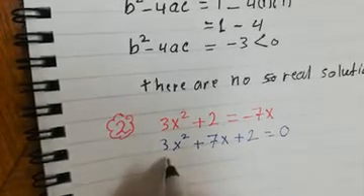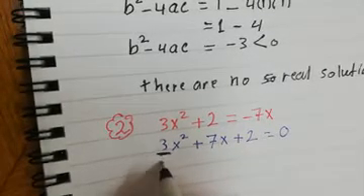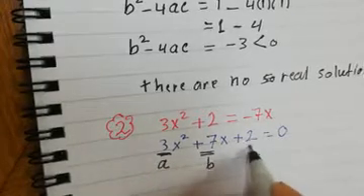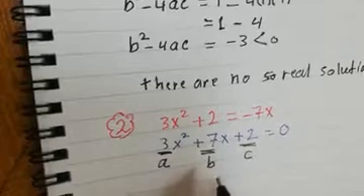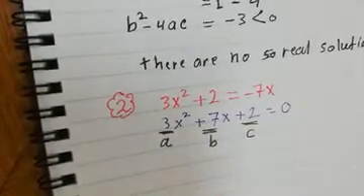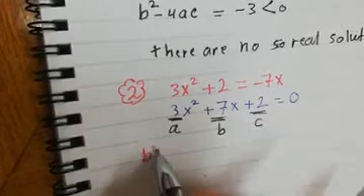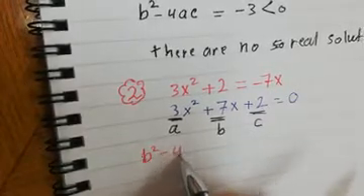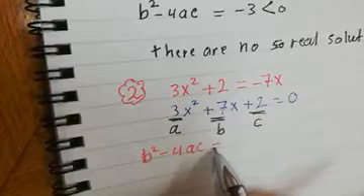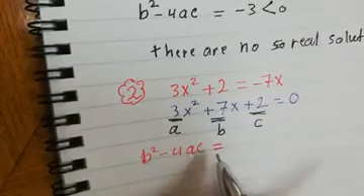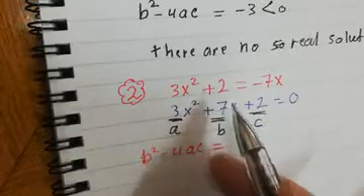A is 3, this is A, and this is B, and this is C. So now I can find the discriminant, which is B squared minus 4AC, and I will decide how many solutions we have for this equation.